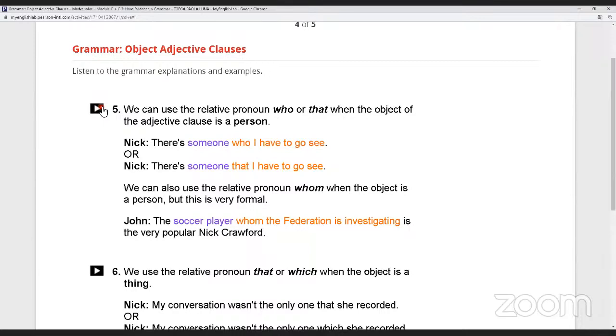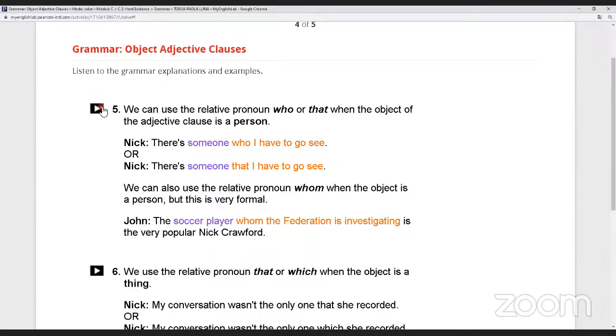We have whose, it means like a possession of something. Do you know the boy whose mother is a nurse? So that's a possession, right? In this case, we're talking about the boy. We have whom, it's a little bit more formal, and we have that, we actually use that for everything, right? It's a little bit more informal.